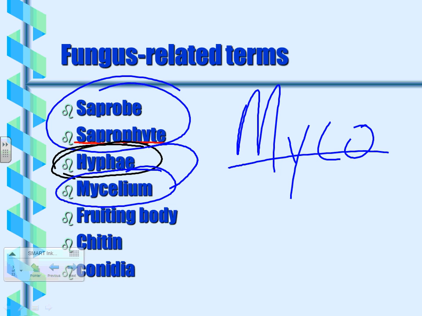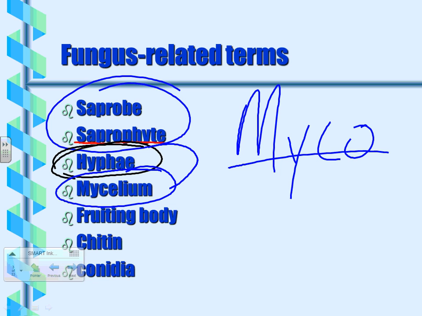One of the most gross classes I ever took was called medical mycology. You had to look at all kinds of human fungus diseases. And I'll show you some pictures later. Anytime, though, when you see MYC or MYCO, think fungus.